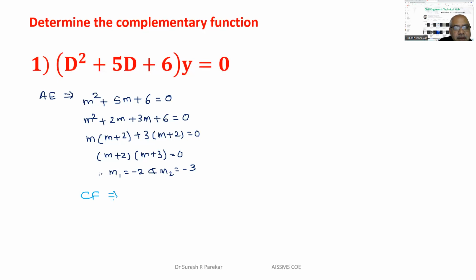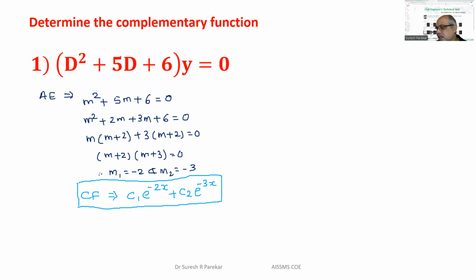Complementary function we have, that is C1 e raised to minus 2x plus C2 e raised to minus 3x. And then knowing this, we can say we have this as the complementary function for the given equation, that is (D square plus 5D plus 6)y equal to 0.